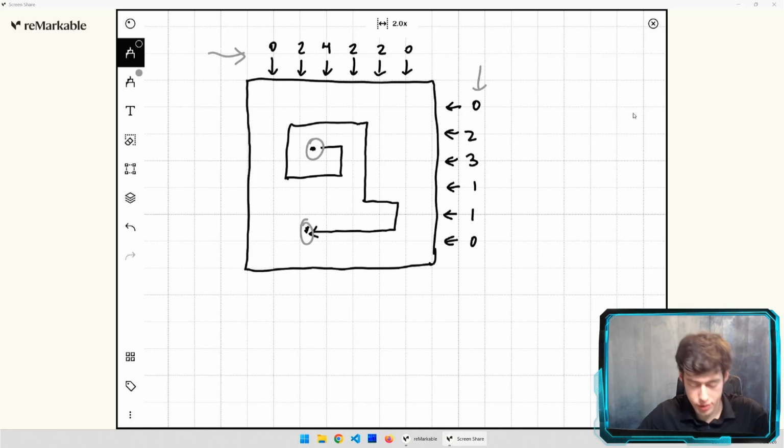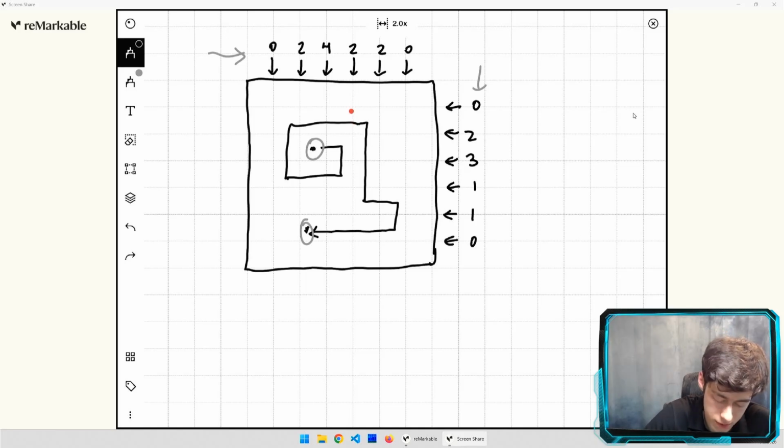And so how do you do this? The observation here is that from each of these numbers, all we really want to know is, did it end up on the other side of this line or not? And we can figure that out from the parity of this number. If any of these numbers is even, what does that mean? That means anytime the pigeon crossed that boundary, it ended up crossing back, right?